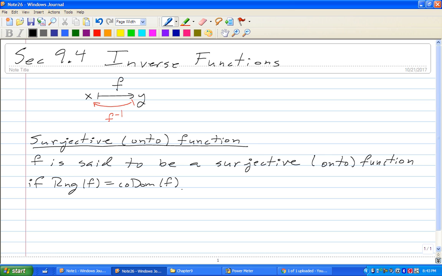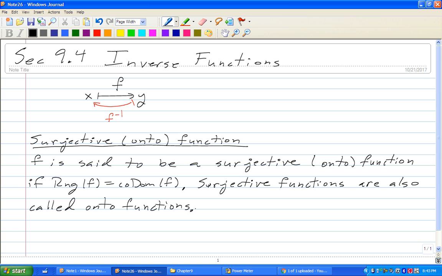And so, again, surjective functions are also called onto functions. So you may hear either the terminology surjective function, or you may hear us say onto function.